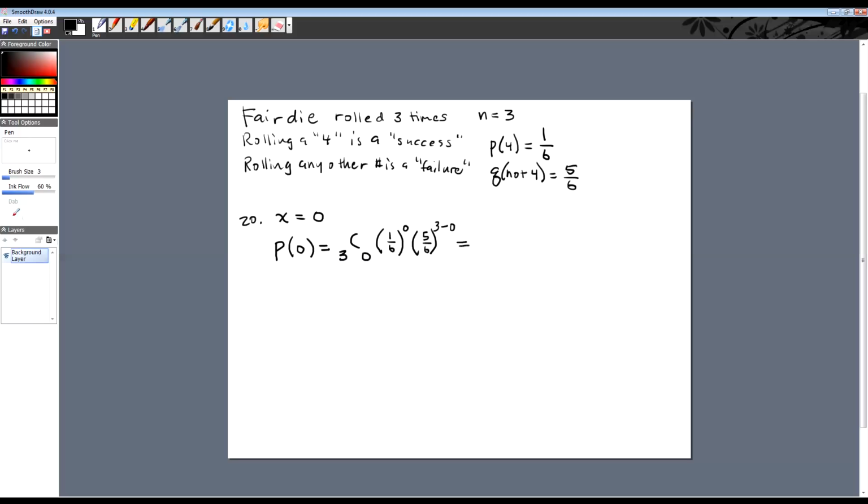So 3 choose 0 is 3 factorial divided by 0 factorial times 3 minus 0 factorial, times 1 over 6 to the 0 power times 5 over 6 to the 3rd power.